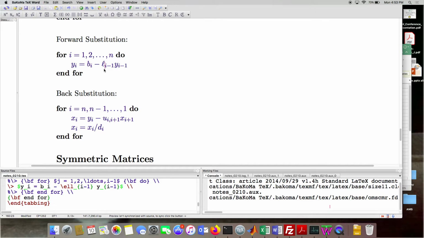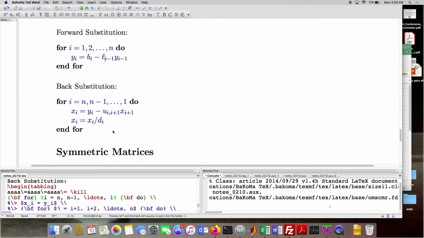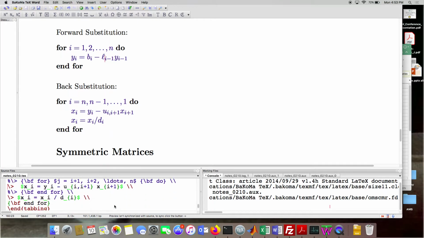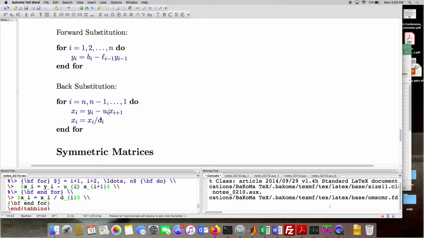All right, so right here I use that entry from vector L. And then in back substitution, here I just need to use a row index. And then everything else is set.